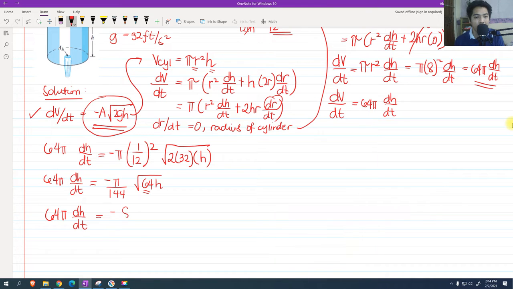So it becomes negative 8 over 144 times the square root of h, of course not forgetting the pi here, because we also have pi on the other side.